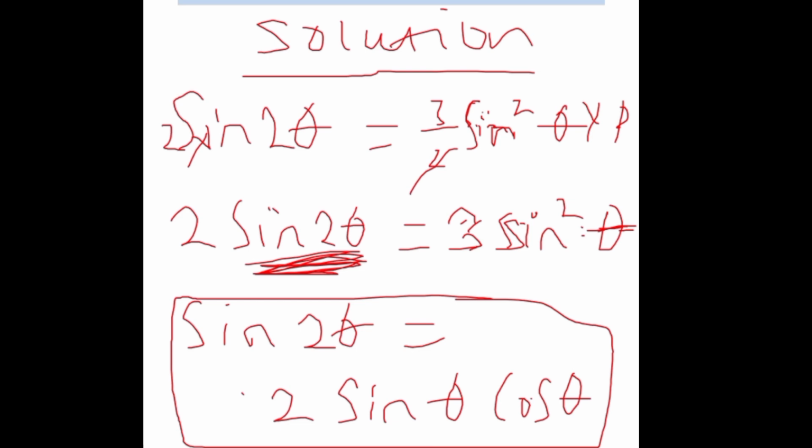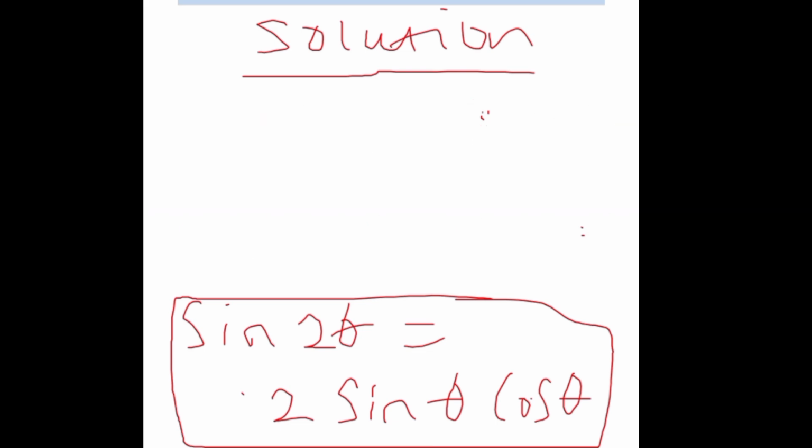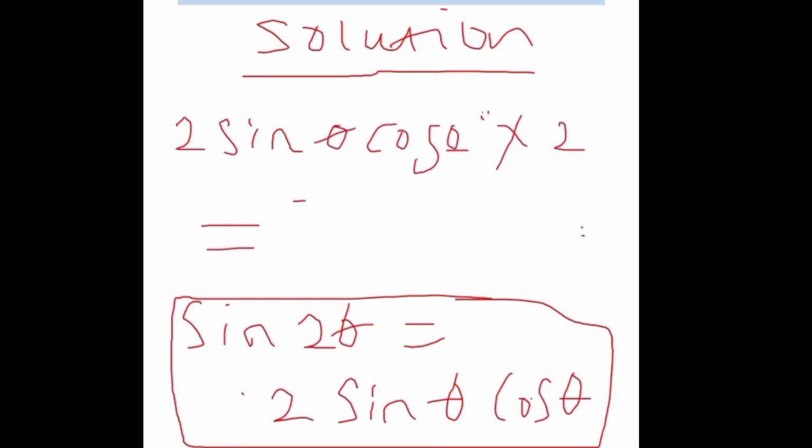So if we take the whole of this place and multiply 2 to this, we are going to have that 2 sine theta cos theta times 2 is equal to 3 sine squared theta.